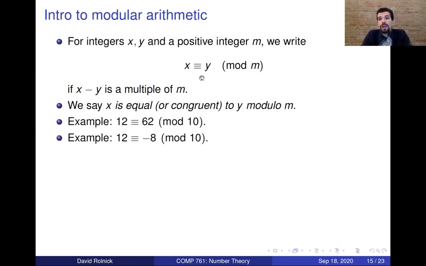Though, you should also be aware that 12 is also equal to -8 modulo 10. That's because -8 and 12, the difference between them is 20, which is a multiple of 10. So once you go to negative numbers, all the negative numbers congruent to 12 will be ending in 8.